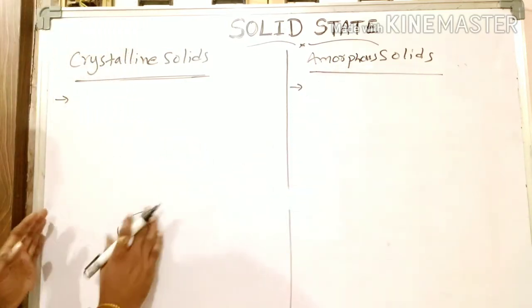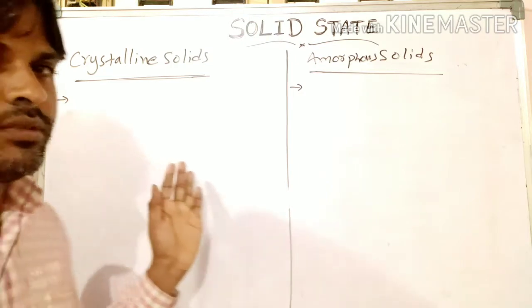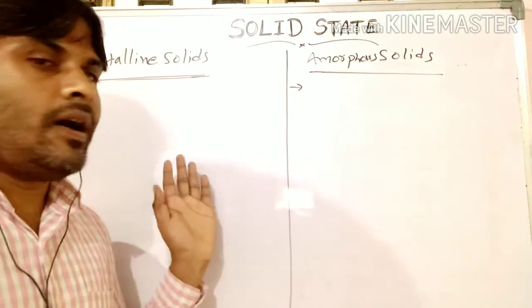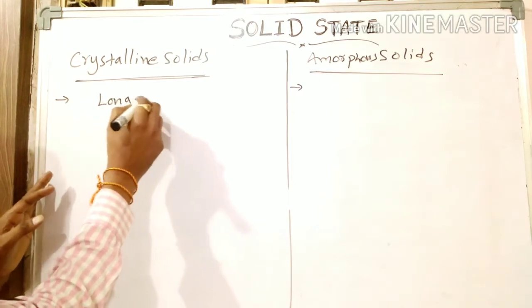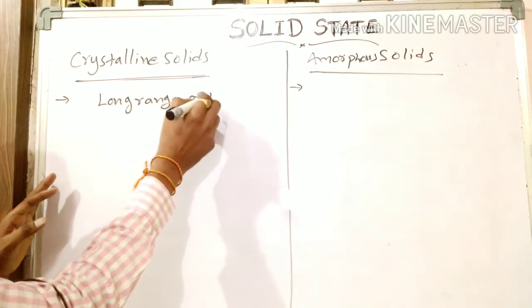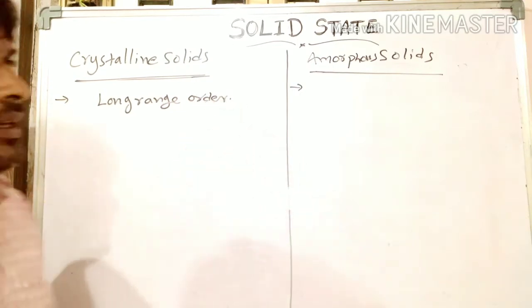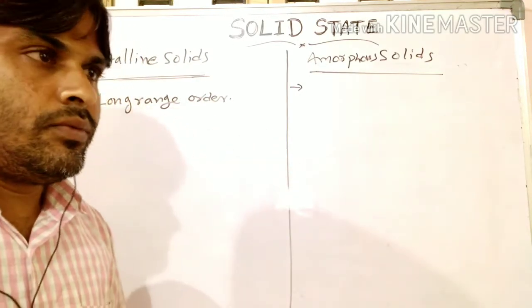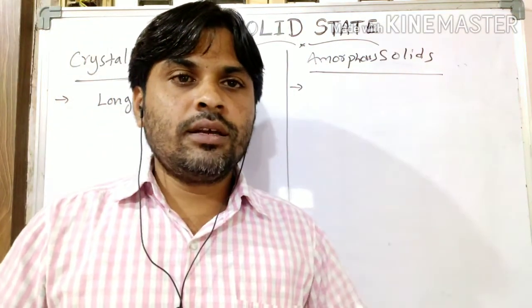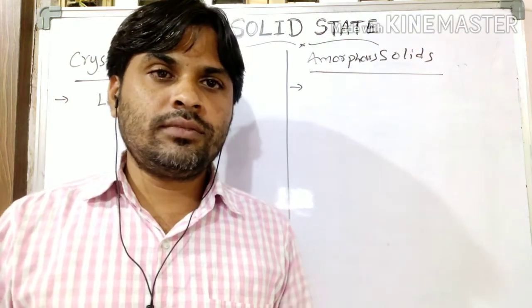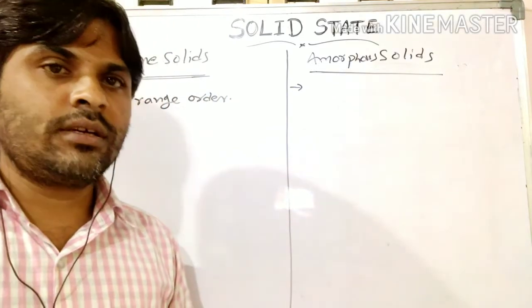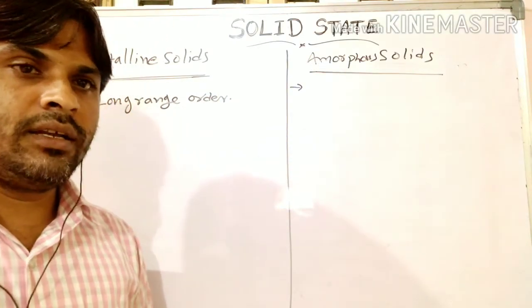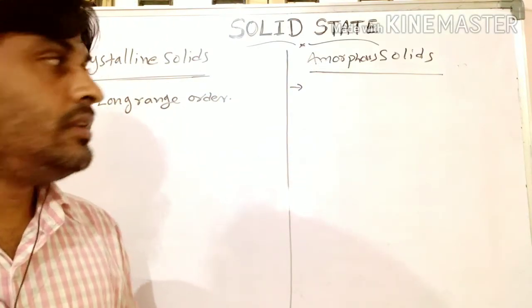Crystalline solids are those in which particles follow long range order. Long range order means only one pattern is repeated throughout the entire crystal.